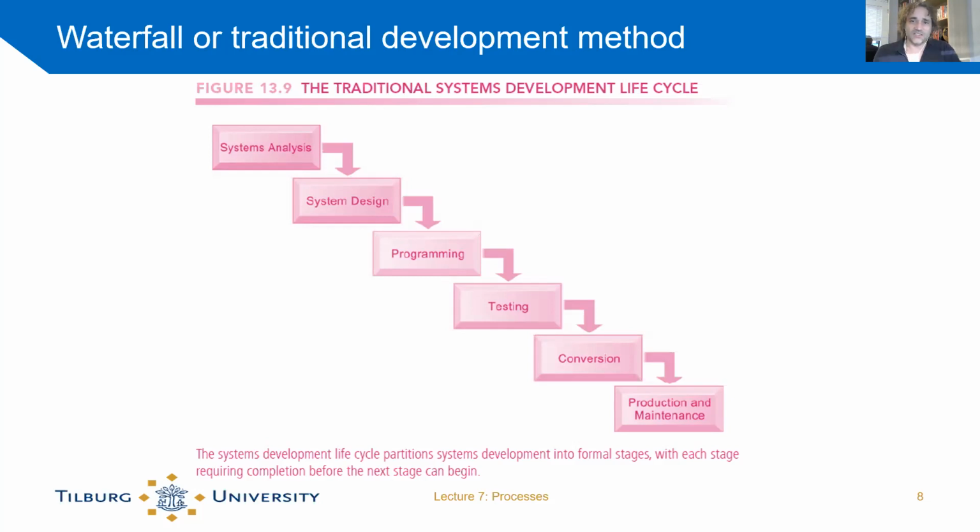Then system design is the technical design of the system, like on paper. So who needs what information, what does the system need to do? So once you have all that, then you program the system, then you test, then you check and implement, and you have the production and maintenance. And that is the traditional way of systems development. If you look at other ways, they generally also have a very fixed structure from one stage to the next.